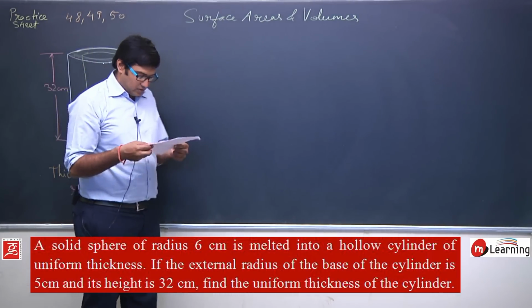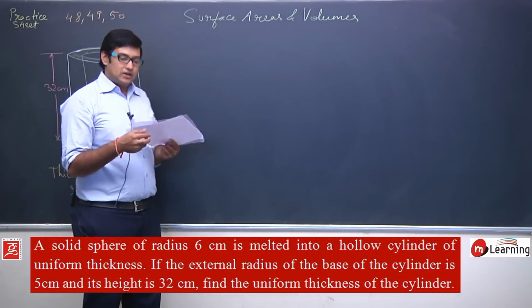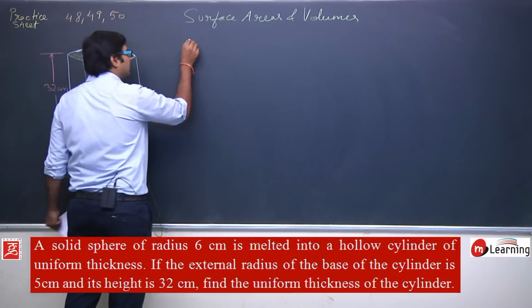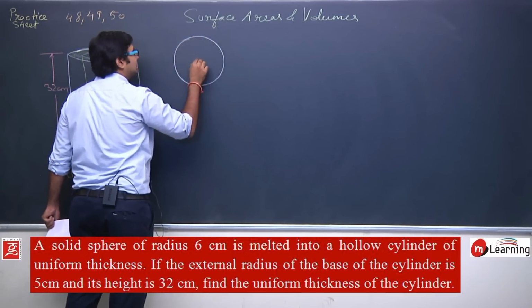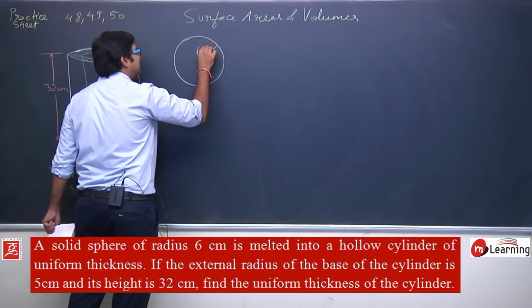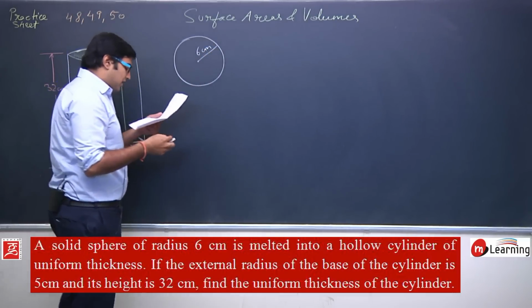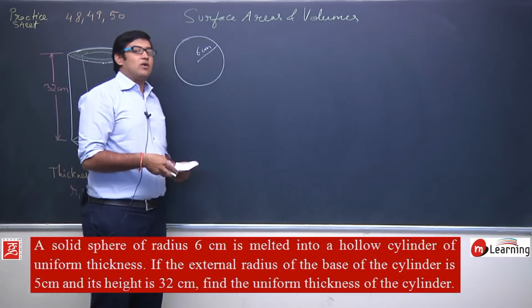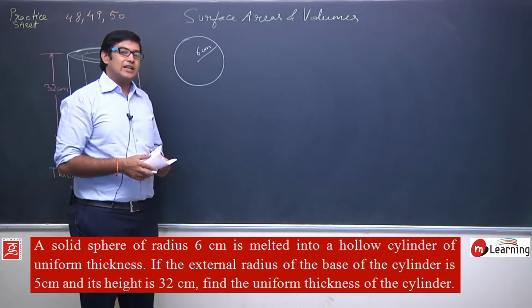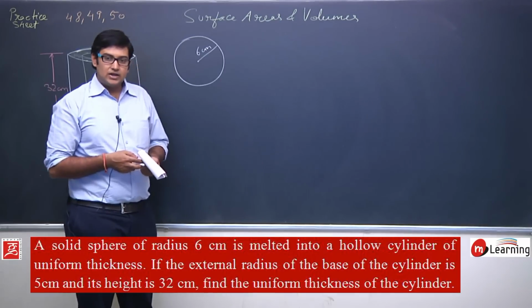And now the solid sphere is something like this, and the radius of the sphere is 6 centimeters. Now what is the amount of material that this solid sphere contains?